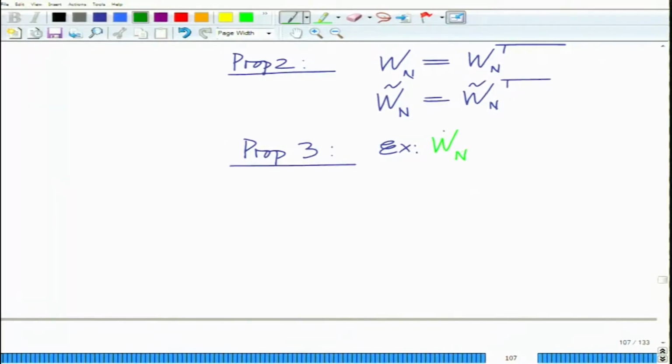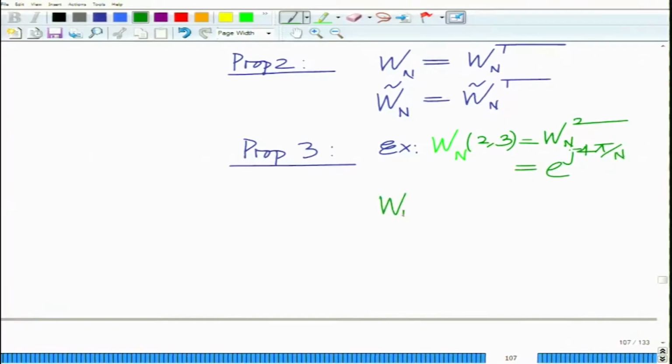So, what we have is Wn of 2 comma 3, this is the matrix Wn, this is Wn raised to 2 equals e raised to minus j 2 pi over n into 2, that is e raised to minus j 4 pi over n.